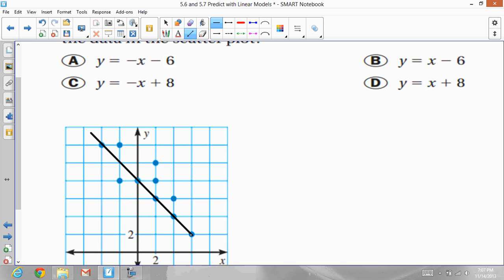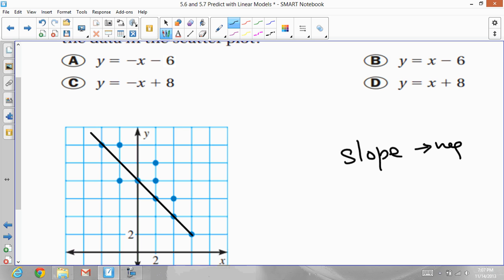Once you draw a line through the majority of the points, number 1, you have to understand that the slope is going to be negative. So the slope m will be negative. That is one way to remember it. Now, if you remember y equals mx plus b, look at all the answer choices and look at the slope.